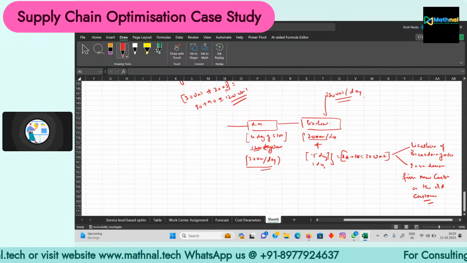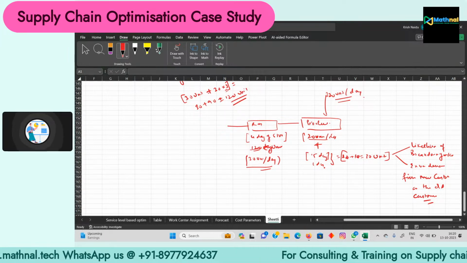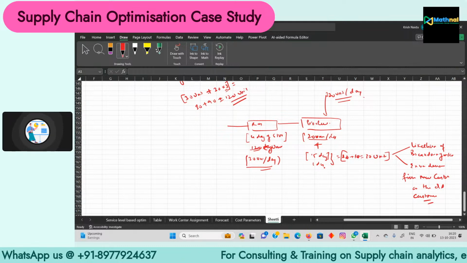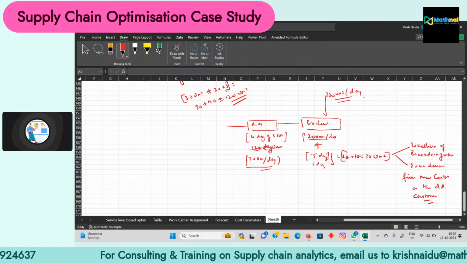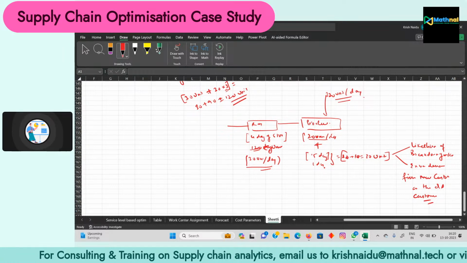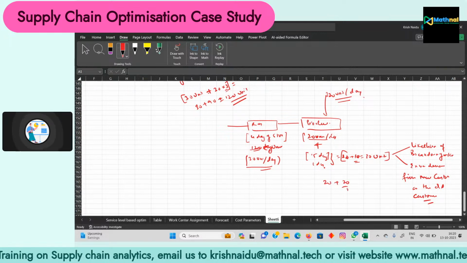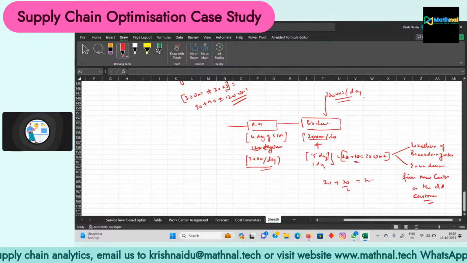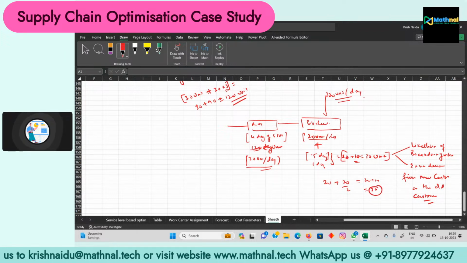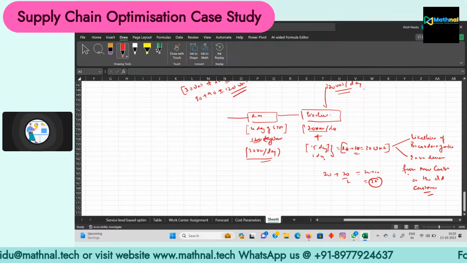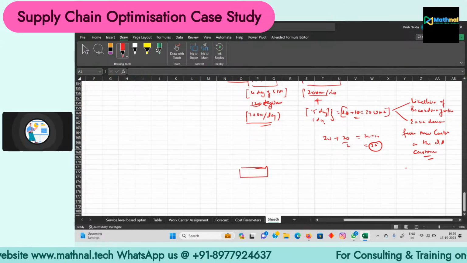If 20 units per day is a 1 day stock, then 50% of that will be produced in 50% of the available production time. That is 20 by 2, which is 10. So 20 plus 20 by 2 equals 20 plus 10, equal to 30. This is how I'm trying to manage my volume per unit time.